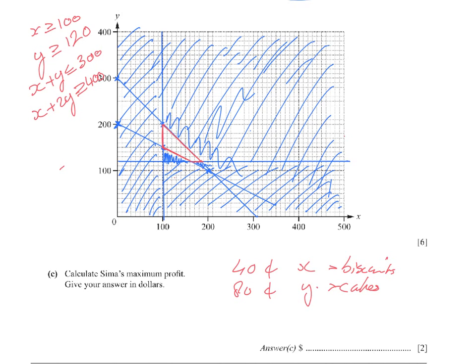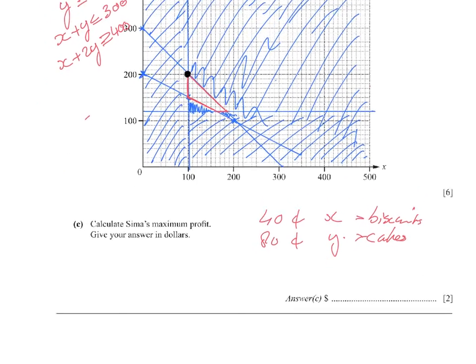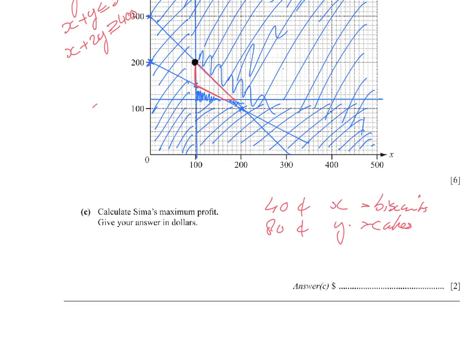So where is my Y maximum? Well, the Y coordinate is maximum over here. At this point, the Y value has the highest value, okay? So that is where I will get my maximum profit. Well, what is the Y value there? 200. So 200 Ys, and then I will sell 100 X for a maximum profit.